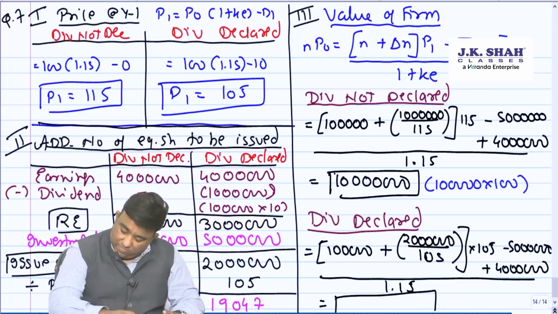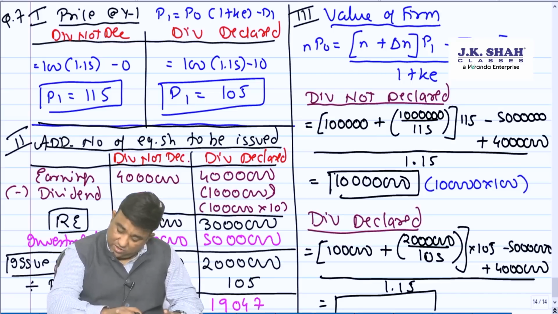So this is 20 lakh divided by 105, plus 1 lakh into 105, minus 50 lakh, plus 40 lakh, divided by 1.15.